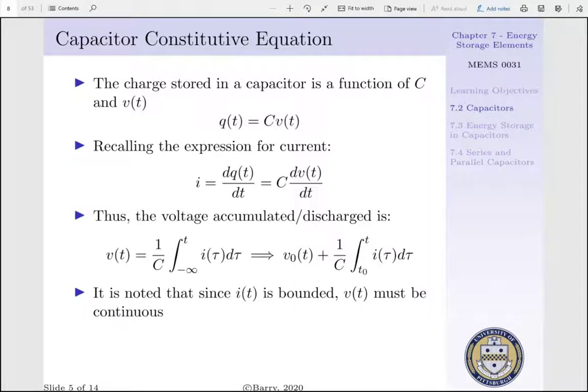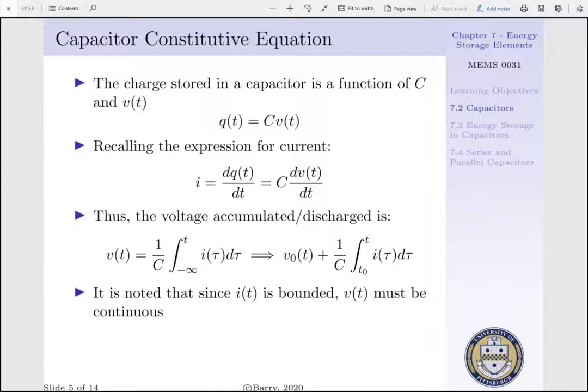Therefore, we can say our current is equal to our capacitance times the time rate of change of our voltage, since our capacitance C is based upon physical parameters and does not vary with respect to time. Thus, we need a time-varying voltage potential for current to flow. If there is no change of voltage with respect to time, current will not flow through the capacitor.